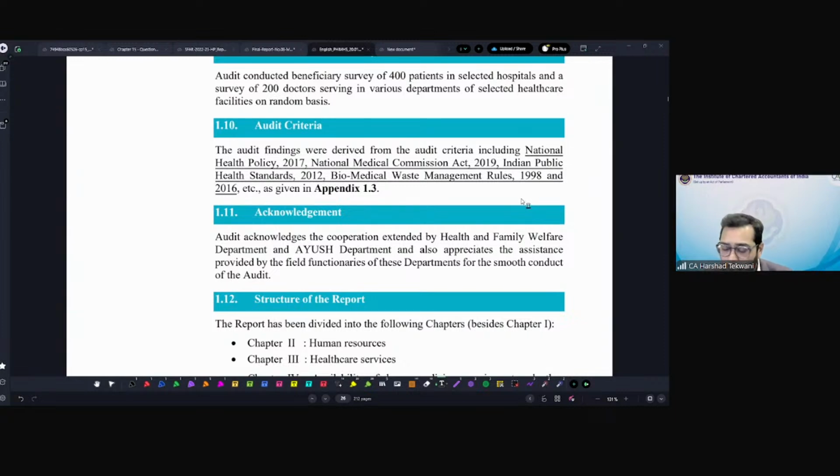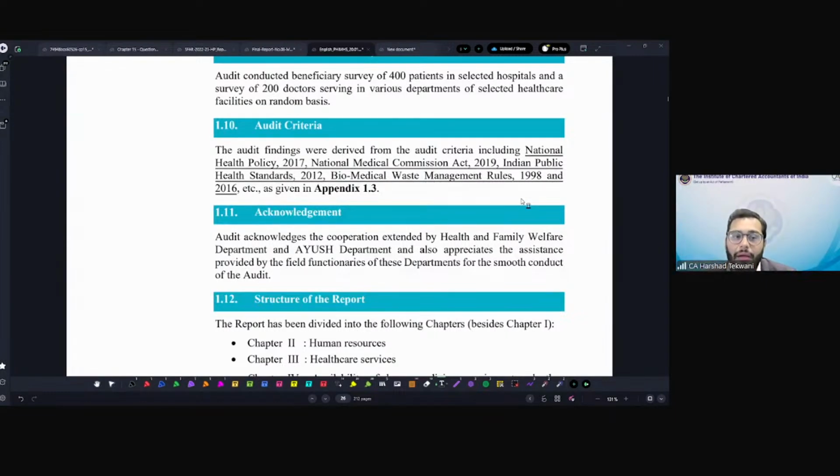Or for example, to have a minimum of 10 doctors in a particular hospital. But where is it written? Wherever it is written, that is the audit criteria we are talking about, which we need to see, and accordingly we need to verify whether the program was effective or not.